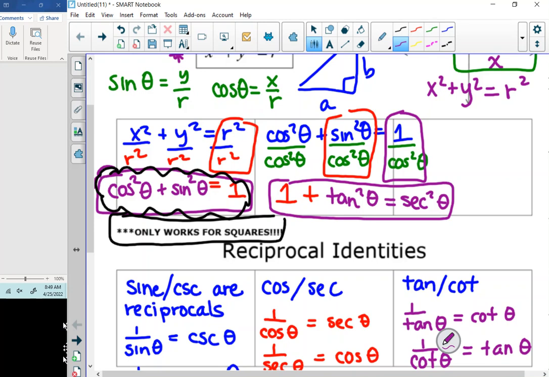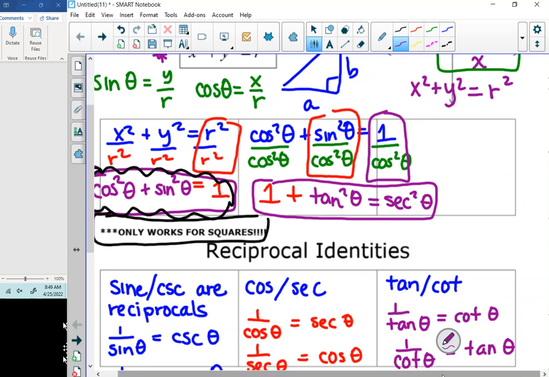So my third one, I'm going to start back with cosine squared plus sine squared equals 1. And this time, I'm going to divide everybody by sine squared.